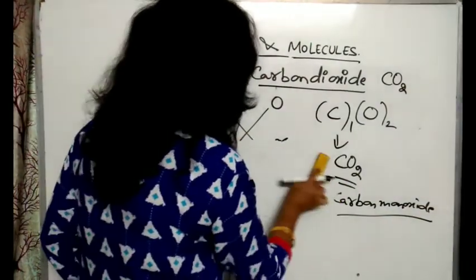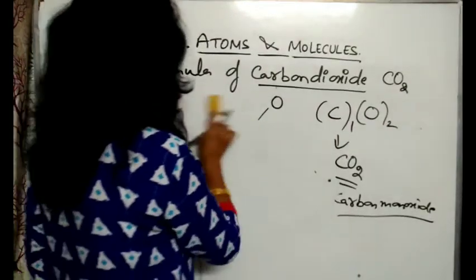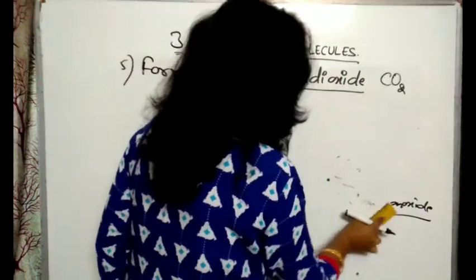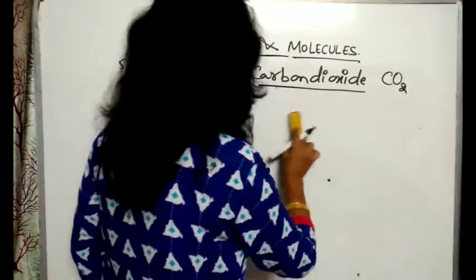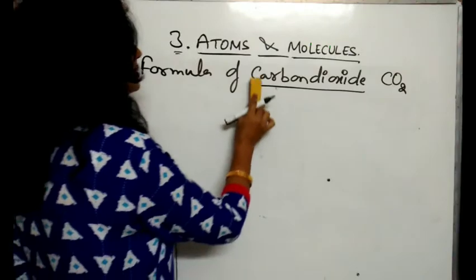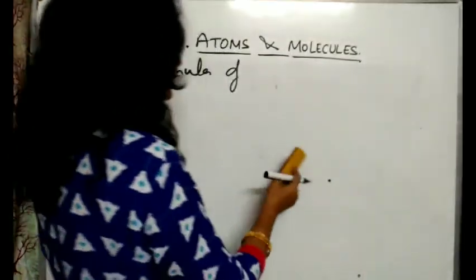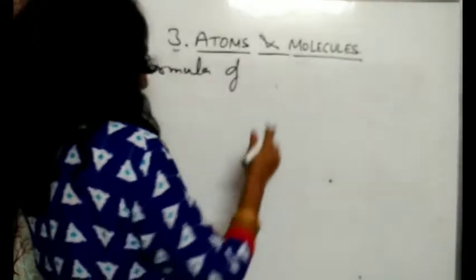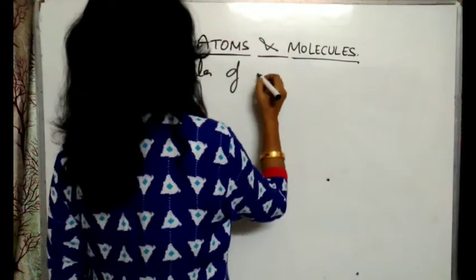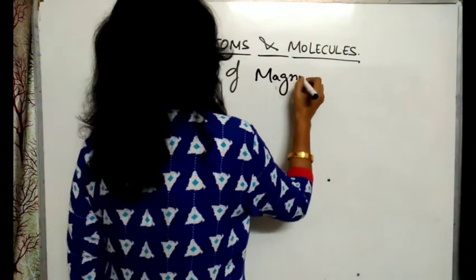Now let us write another formula, like calcium oxide and magnesium oxide.